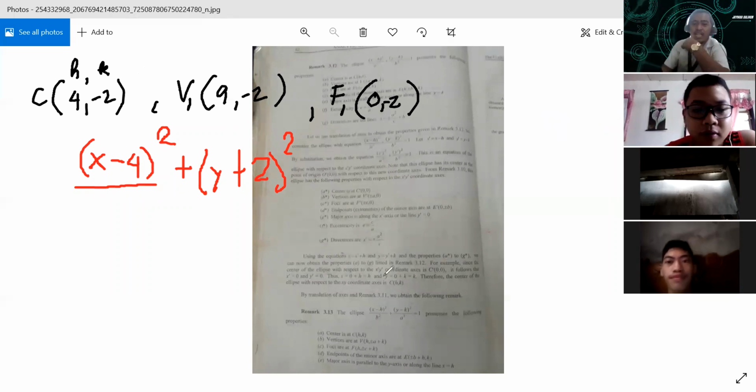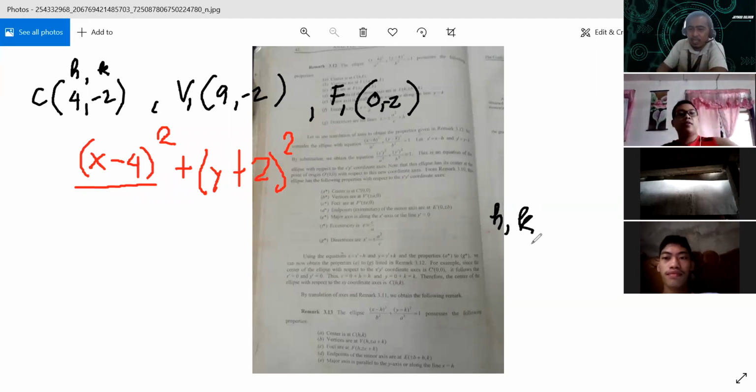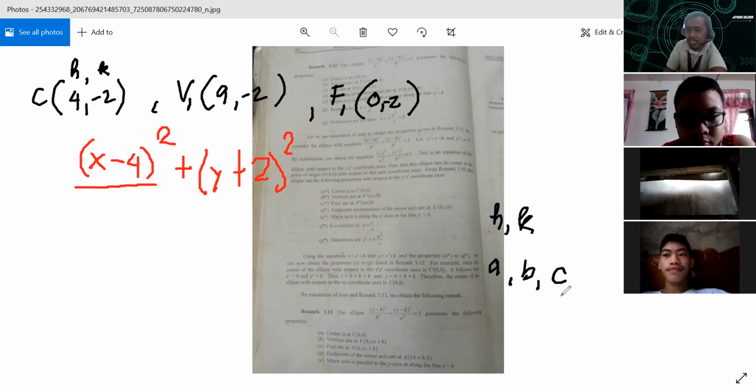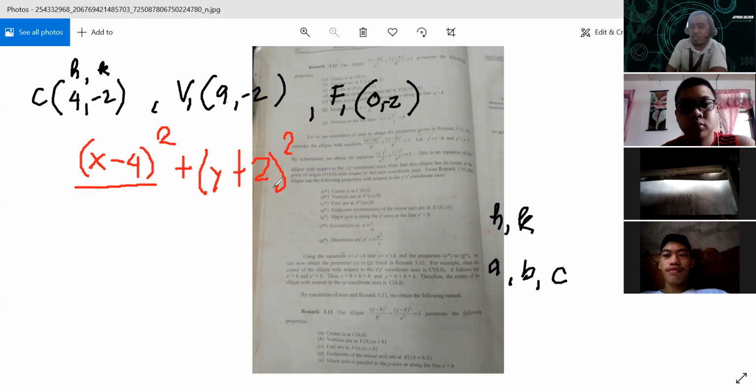Ang importante day class, if you are given with this, you should know what is your H, what is your K, what is your A, and your B. Anang tulo ay upat. But in some cases, you are given with A and C, and you don't have the B. So you should also find the C, because these three are interconnected. Okay, if you have these values, then you can find the equation.